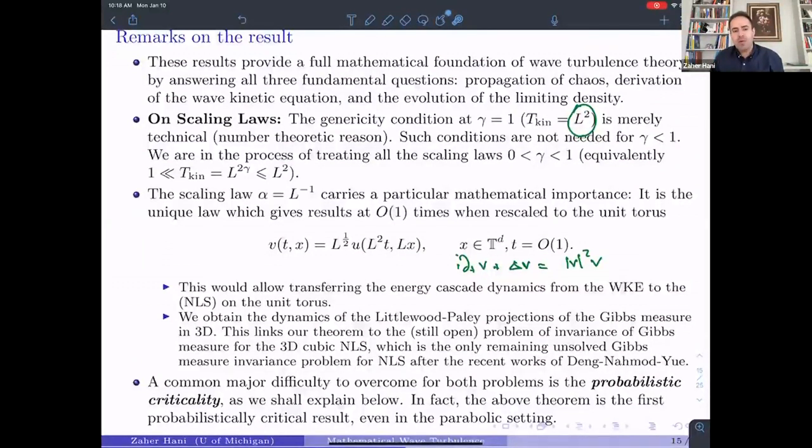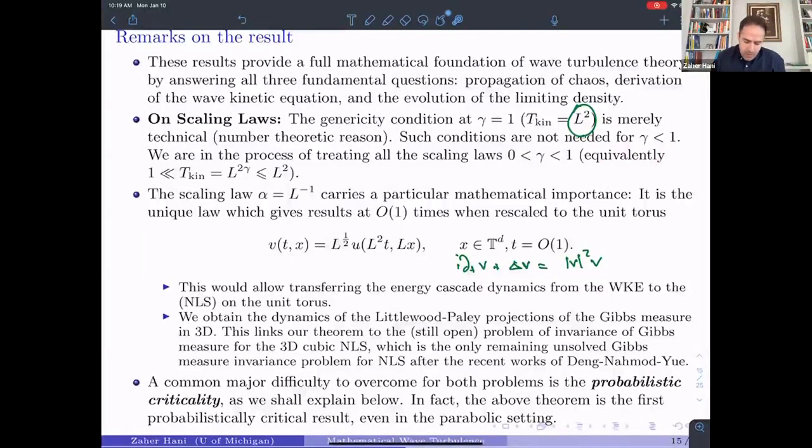And the other reason why this is interesting comes from the fact that if you do this rescaling again, I shouldn't spend too much time on this, but you obtain the dynamics of the Littlewood-Paley projection of the Gibbs measure in 3D, which links our theorem to a very important open problem, which is the invariance of the Gibbs measure for the 3D cubic NLS. This is the only remaining unsolved Gibbs measure open problem for NLS after recent works of Deng, Mahmoud, and Yu.